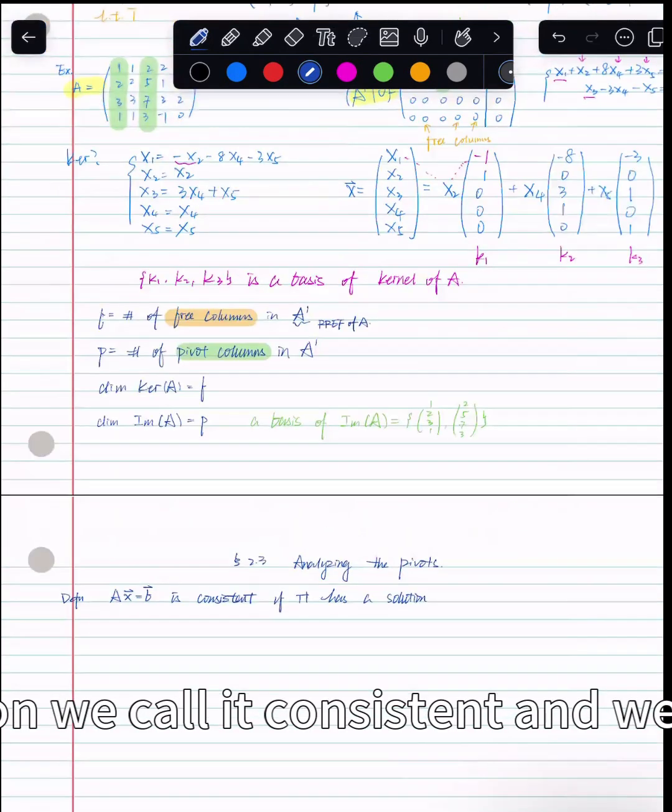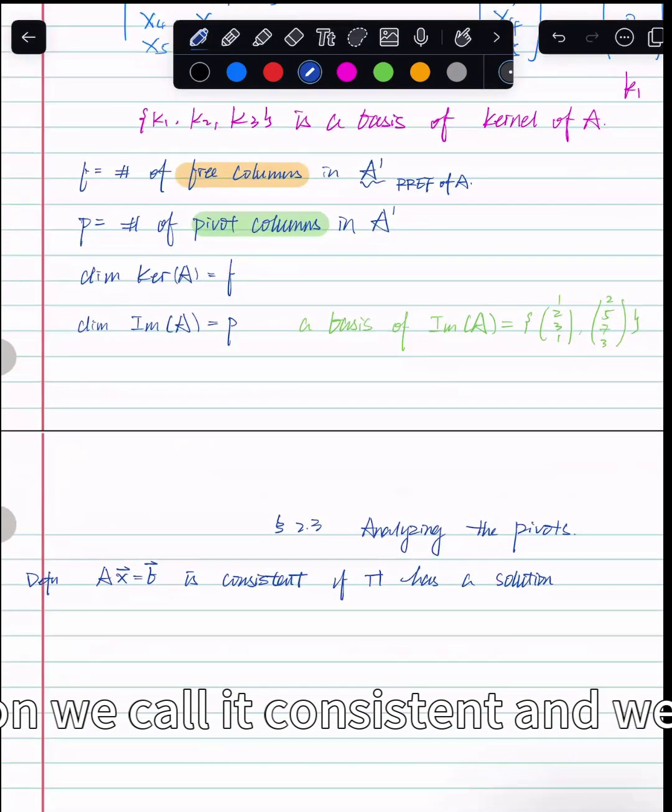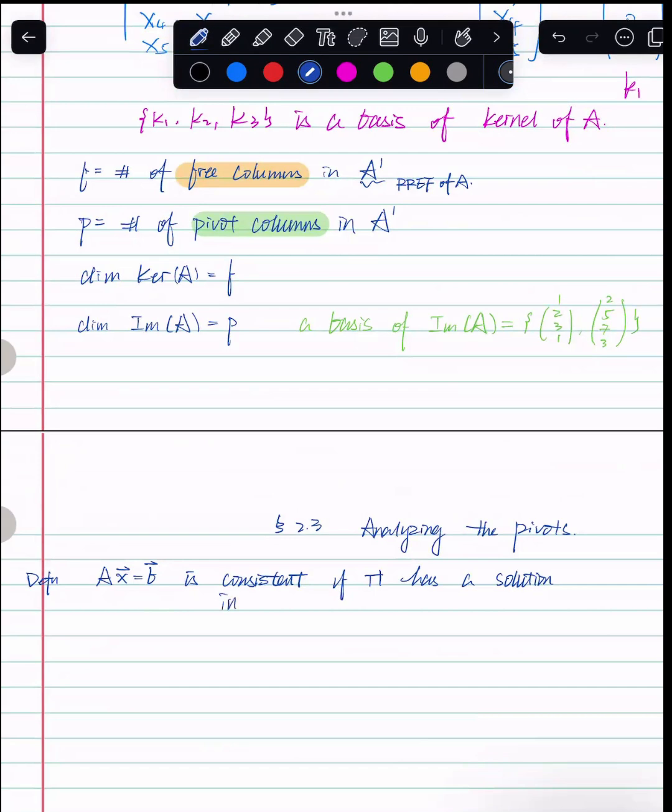So as long as it has one solution, we call it consistent, and we call it inconsistent otherwise.